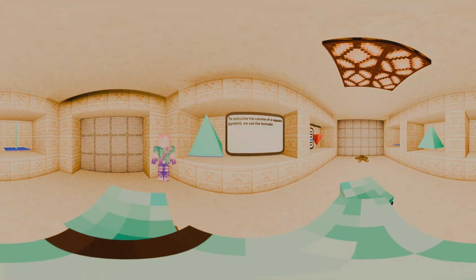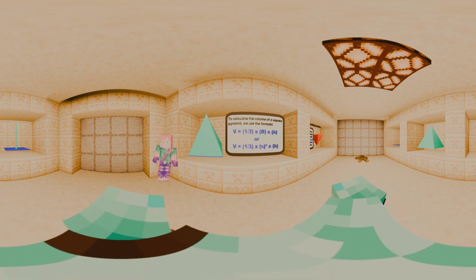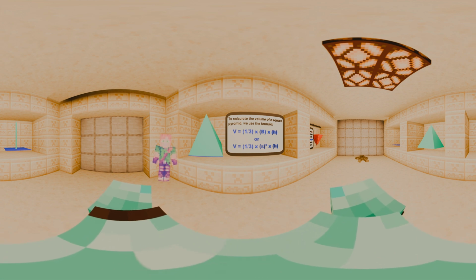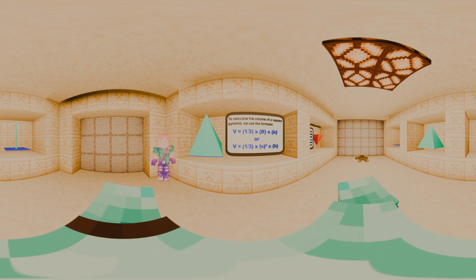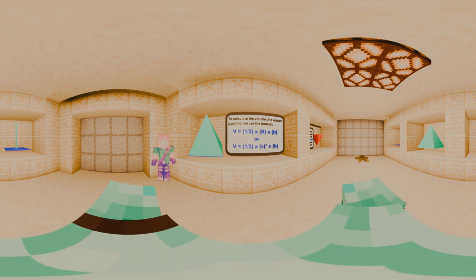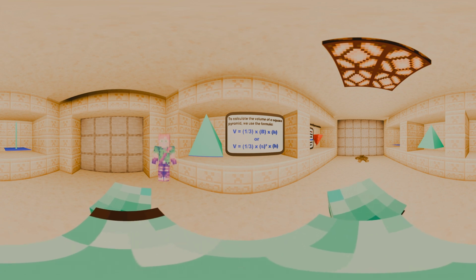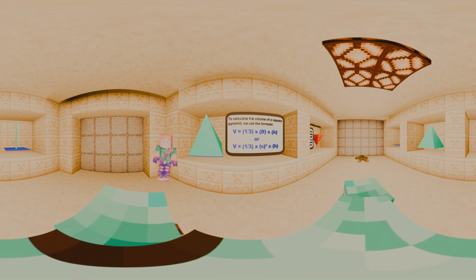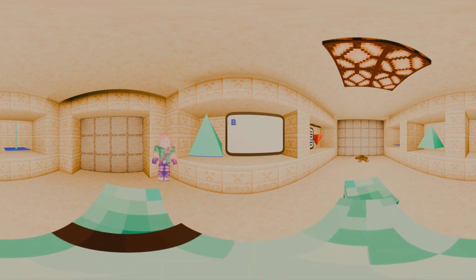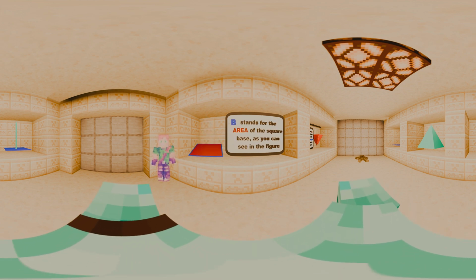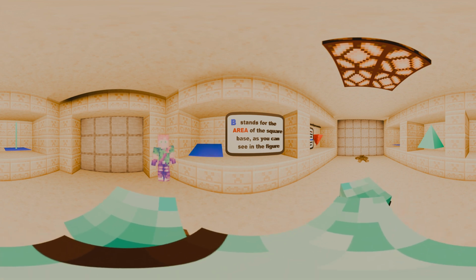To calculate the volume of a square pyramid, we use the formula V equals 1/3 times B times H, or V equals 1/3 times S² times H. Where B stands for the area of the square base, as you can see in the figure, that is the area.